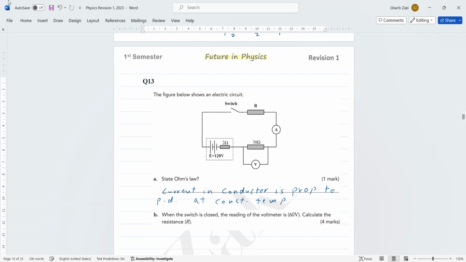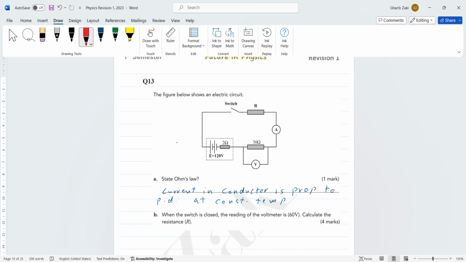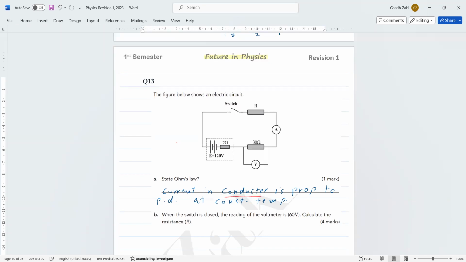So we have very important words here. What are the important words? Conductor. If you don't write conductor, you will lose the mark of the question. And also you have to say constant temperature, and also the current is directly proportional to the potential difference.